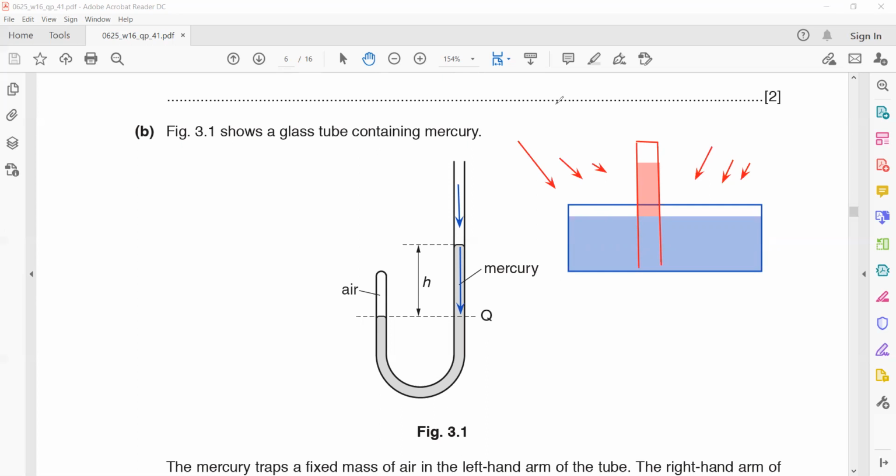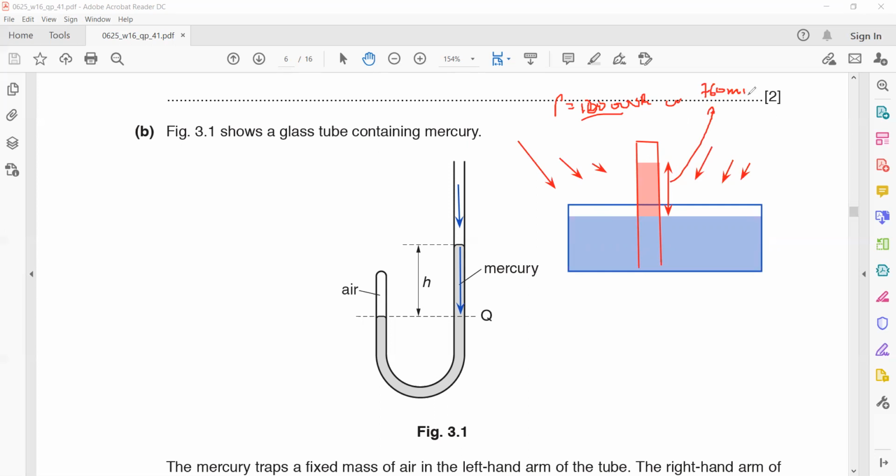So if I say the pressure was, say, 100,000 Pascal, and it rises, for example, 760 millimeter in the tube, I can say the pressure is equal to 760 millimeter, but actually it is an indirect explanation of the pressure.